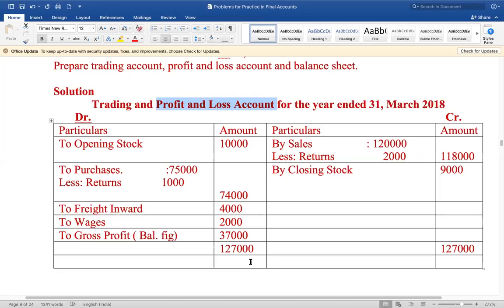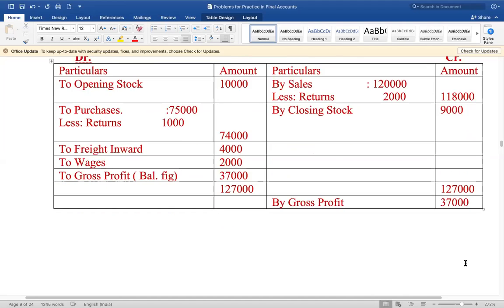We are starting here: by gross profit. How much is the gross profit? Gross profit is 37,000.